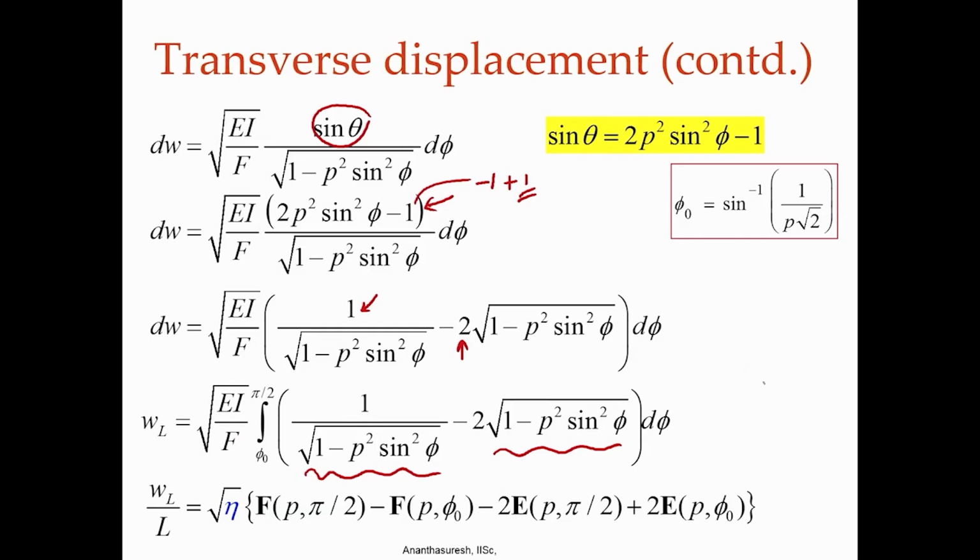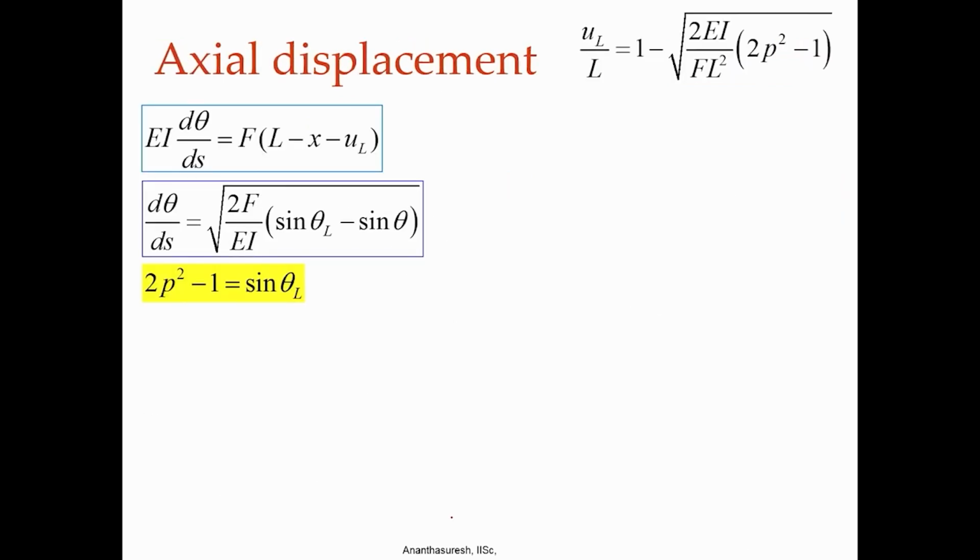So, that is why here I get eta, because eta is f L square by E I. In fact, it should be 1 over eta. So, minus 1, okay, E I by f that we have here. So, that is what we get, and then we have this p and then phi naught, which all depend on the theta L, the endpoint displacement. So, we are able to do the W L there.